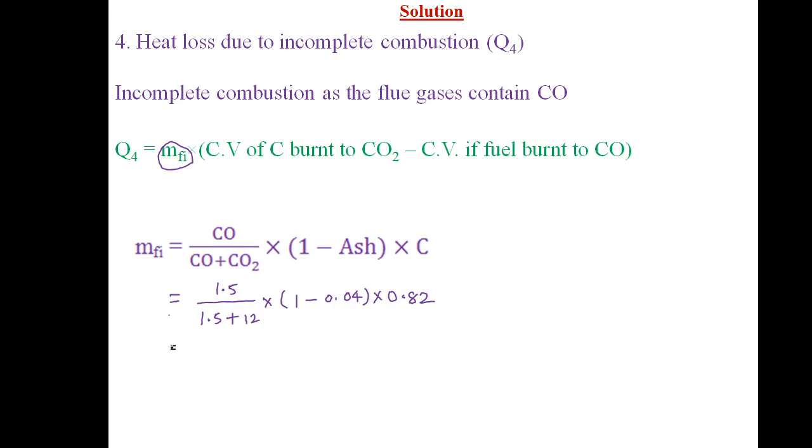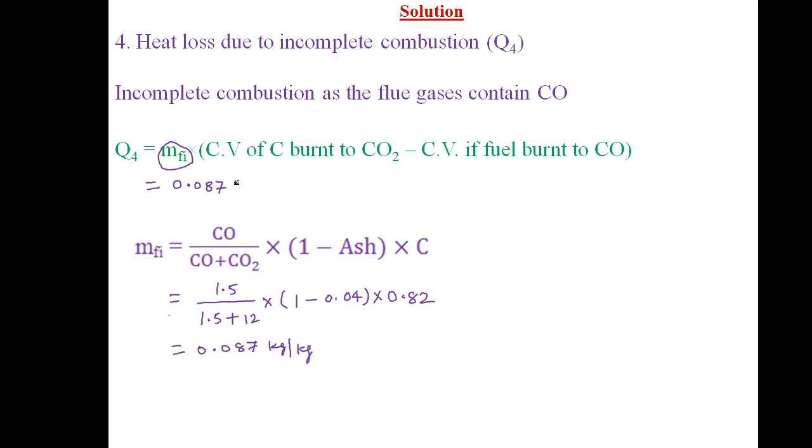On calculation or further simplification, we get 0.087 kg of fuel per kg of fuel burned incompletely. So therefore, this Q4 can be obtained. The mass of fuel incompletely burned is 0.087.